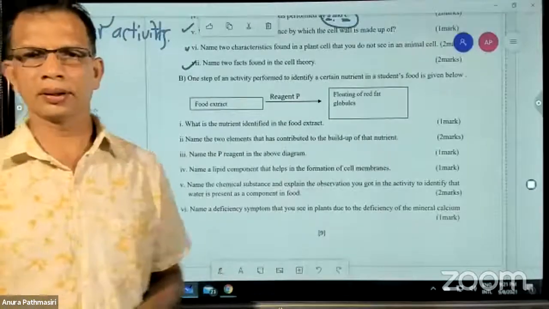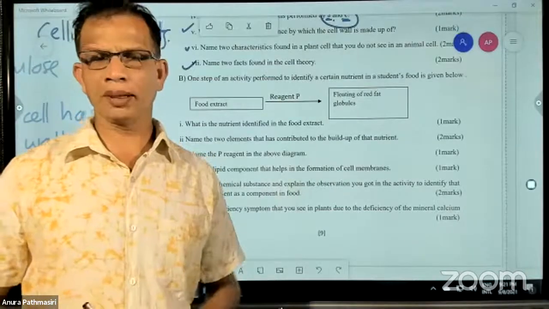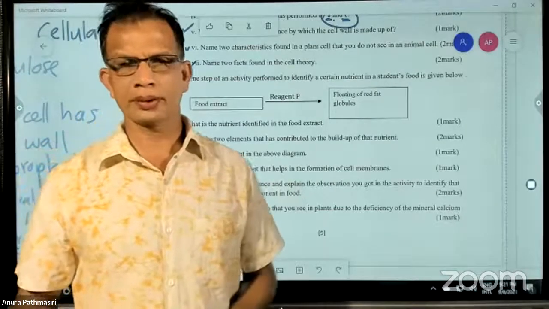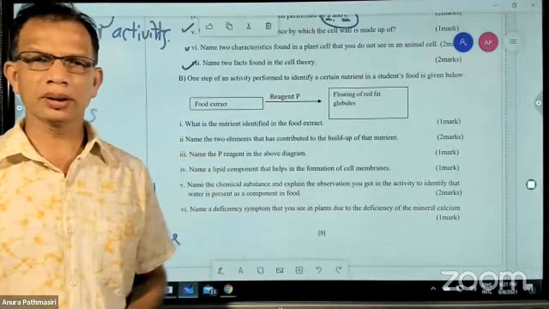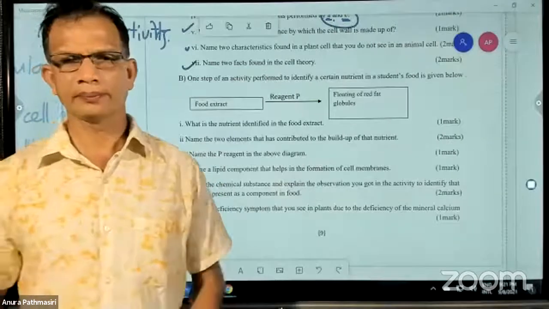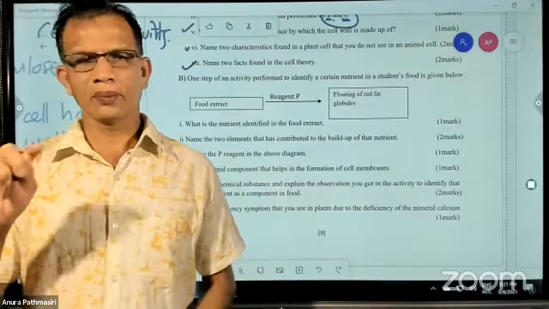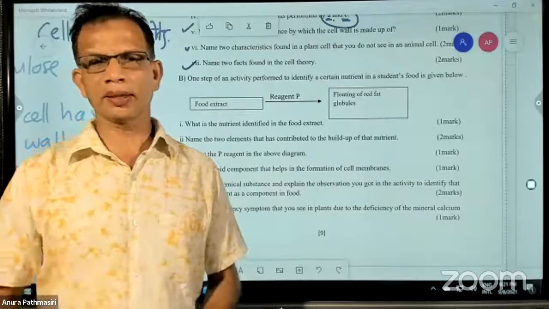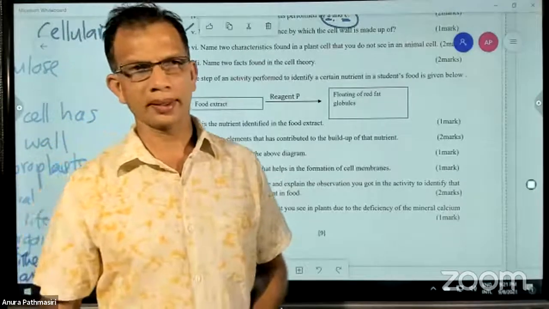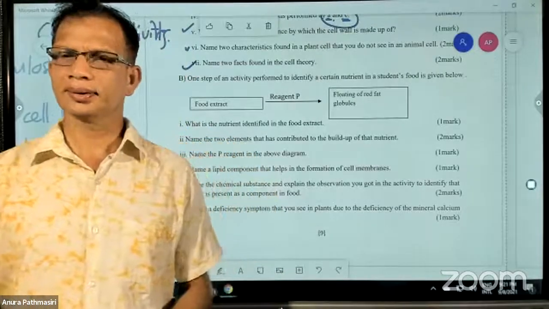Then reagent P, floating of red fat globules. What is the nutrient identified in the food extract? Sudan 3. Lipid.